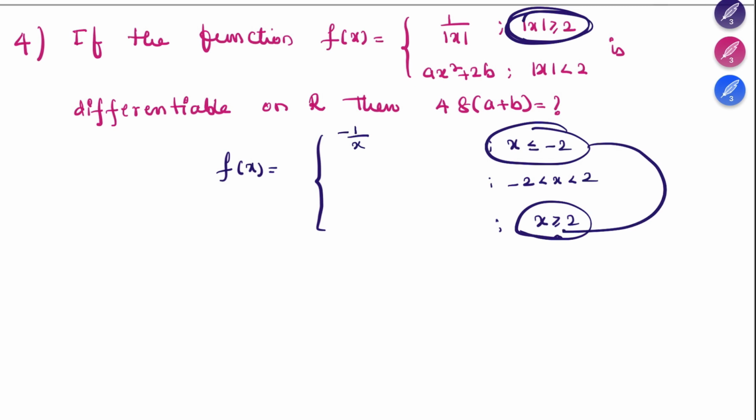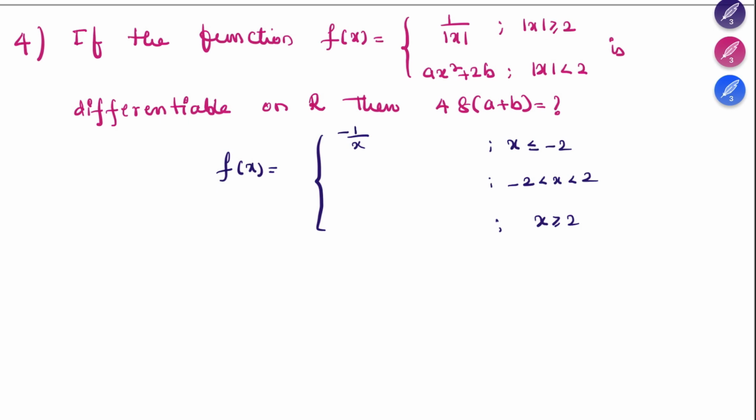So for both cases, you have to use the function 1 by mod x. Now, x greater than or equal to 2 means x is positive. X is positive means mod x is going to be x. So I will write that 1 by x. After that, in between minus 2 and 2, this is the function for mod x less than 2. So ax square plus 2b is the function for minus 2 less than x less than plus 2.